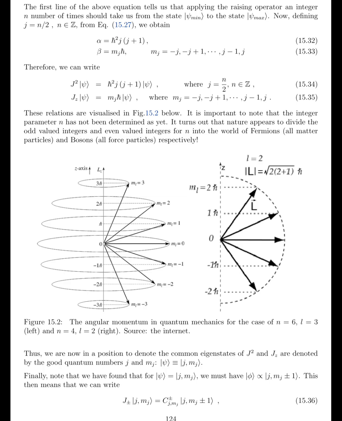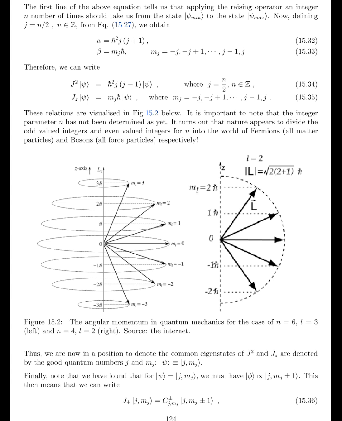Okay, so what have we seen here? What we've seen can be succinctly put into these two relations. Define j, this small j, to be n by 2. Why? We've got n by 2 out here now. So define that, and then you can show that alpha, this eigenvalue alpha, turns out to be equal to h bar times j into j plus 1.